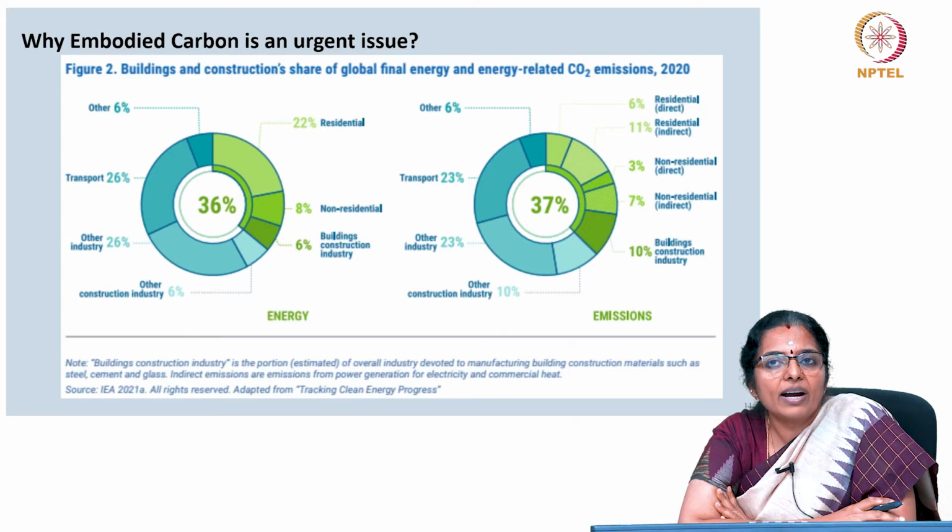The built environment sector, responsible for 39% of global carbon emissions, plays a crucial role in addressing the climate emergency. Decarbonizing this sector is amongst the most cost-effective strategies to mitigate climate breakdown.